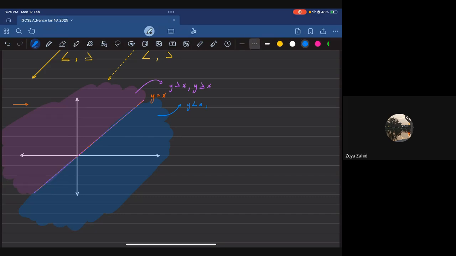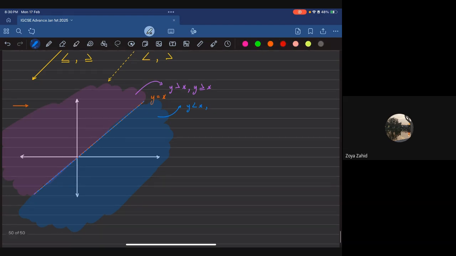If it had been a dotted line, although that dotted line completely vanished for some reason, I hope it's still there, like this, then it would have simply been less than x. But if it had been a solid line, both cases can be there. Any questions regarding this, guys?